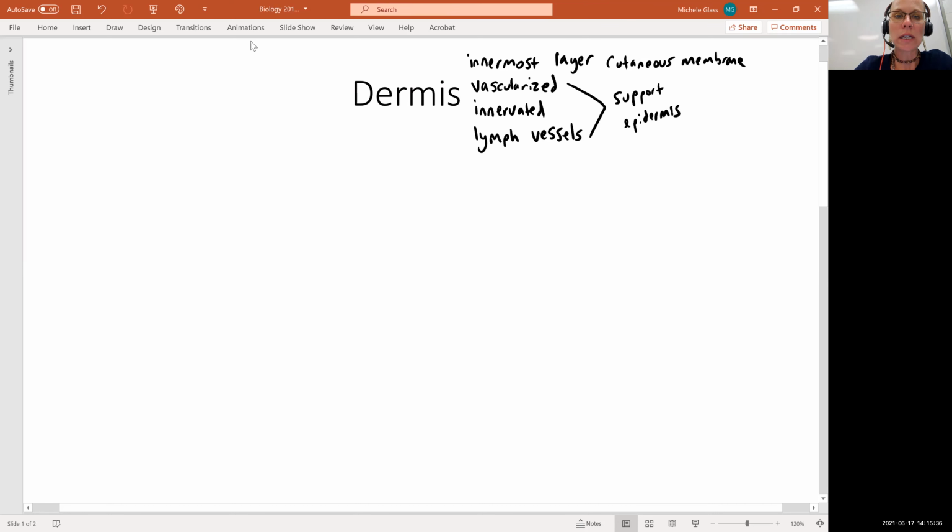We'll also see embedded in the dermis, in the support of the dermis, that it's also going to hold the hair follicle, sweat glands, and sebaceous glands.